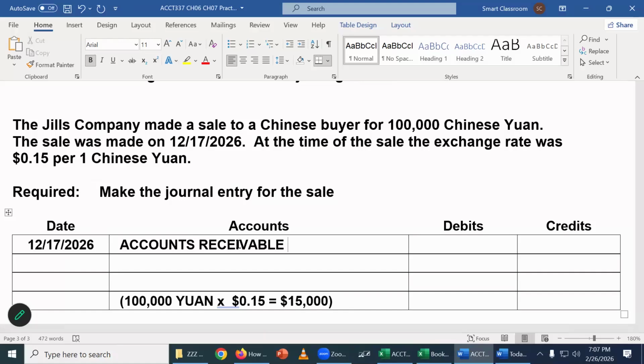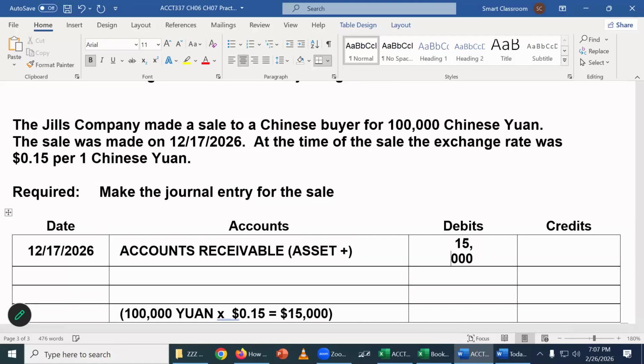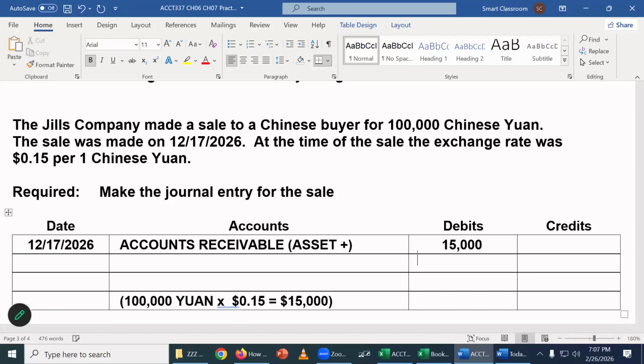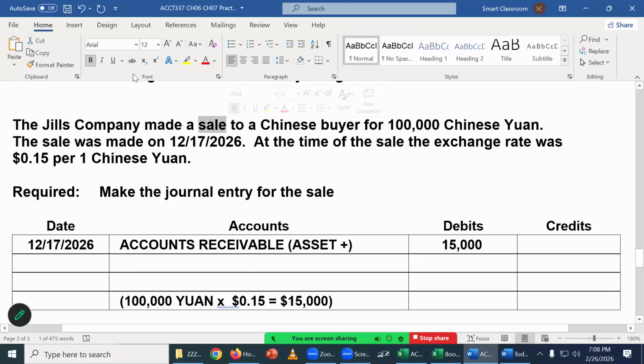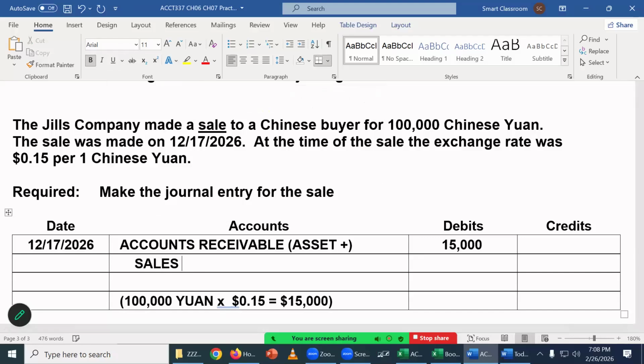Now this is actually in 100,000 yuan, but this is going to be an asset going up 15,000. And on the other side, they made a sale, so this will be sales, could be sales revenue. Either one's fine. In fact, I'll put both. Sales revenue, you can pick one. They mean the same thing.